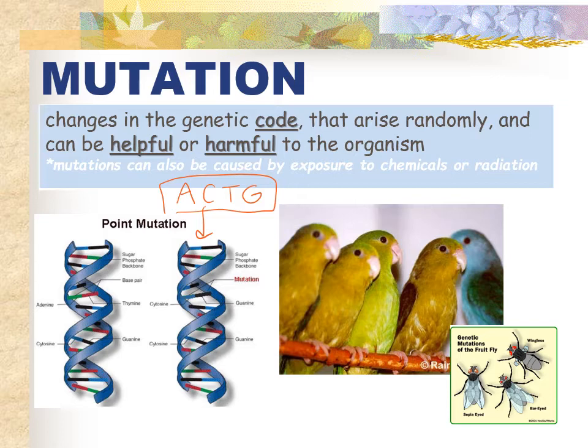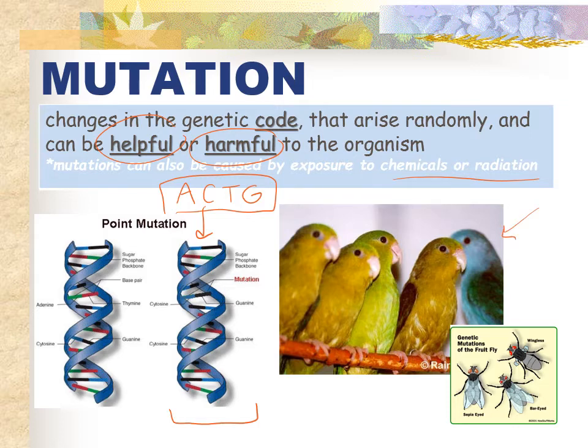And that changes the protein that is being made for that gene. So that can either be helpful or harmful depending on what happens, or sometimes there's no effect depending on where it is. And a lot of times being exposed to chemicals or radiation will help promote mutations depending on the cells exposed.